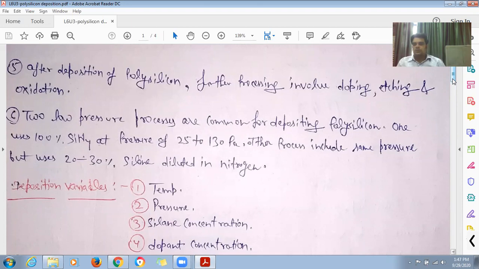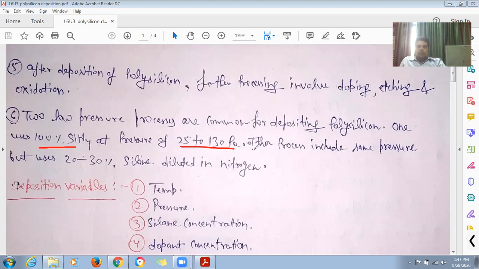Two low pressure processes are common for the deposition of polysilicon. The first is that we use 100% silane gas at a pressure of 25 to 130 Pascal. This is one method by which we can deposit the polysilicon layer.